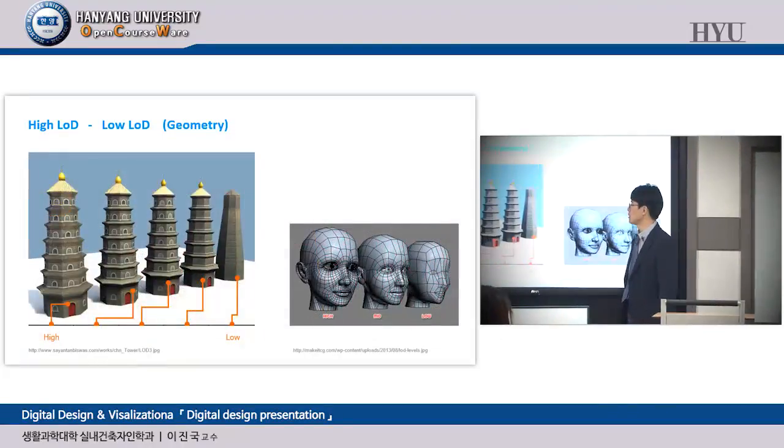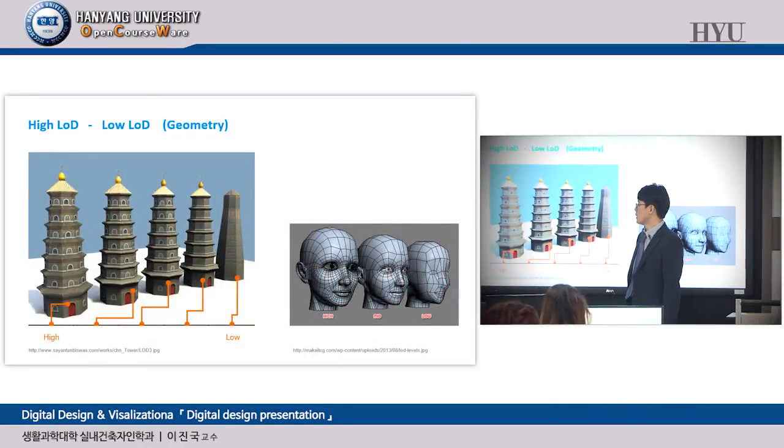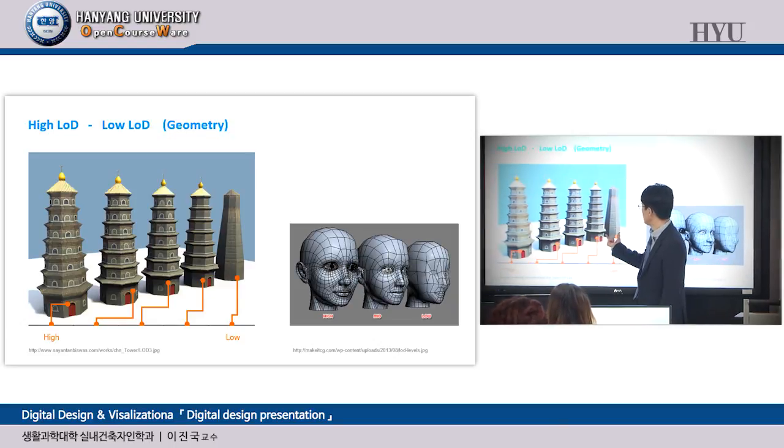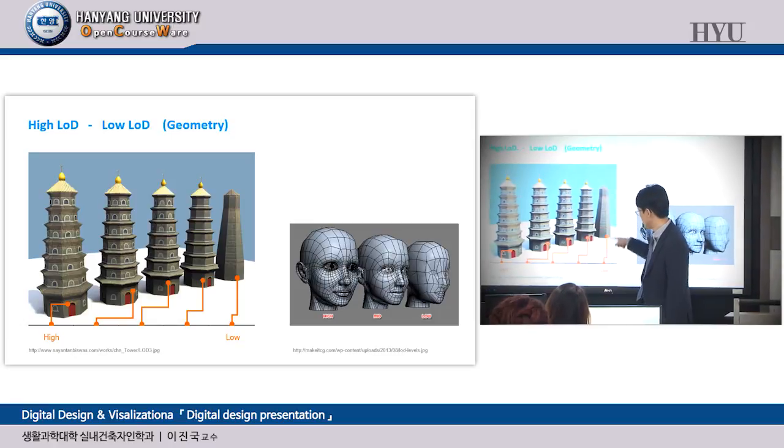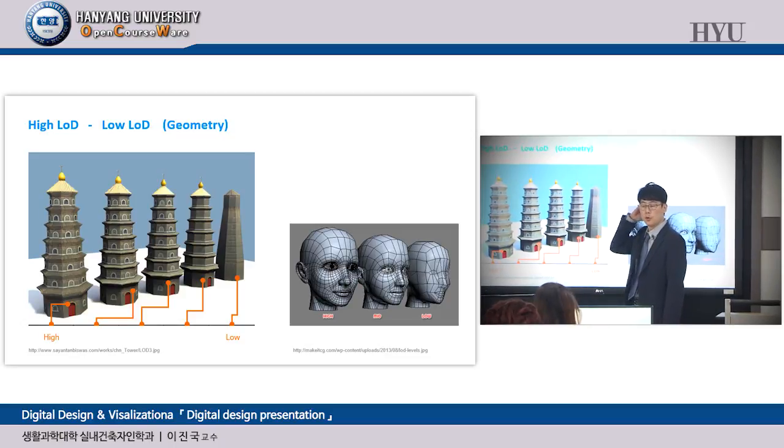In the same way, take a look. Let's think about you are designing this kind of tower. At the beginning of the project, you can think about its roughly measured height and roughly designed geometric shape in this way, okay? This is the lowest level of detail, okay? Low LOD.